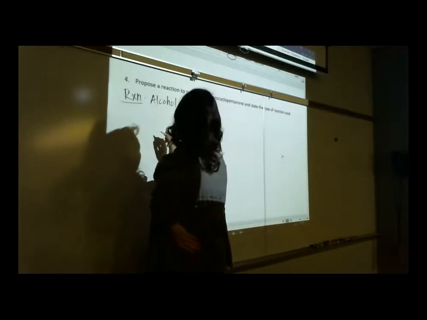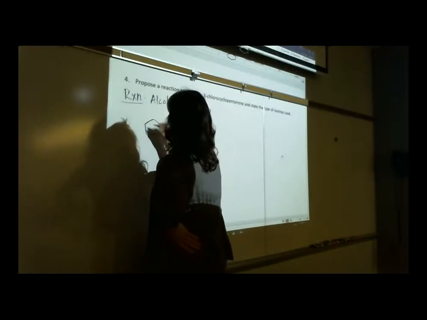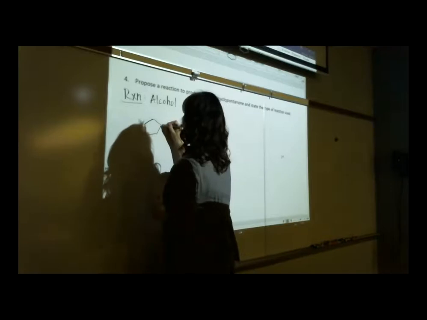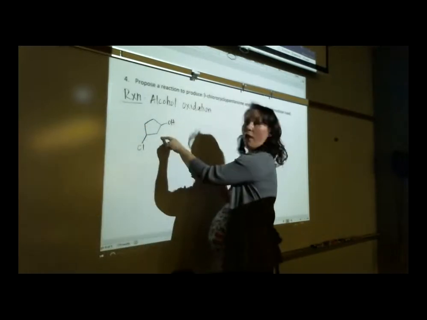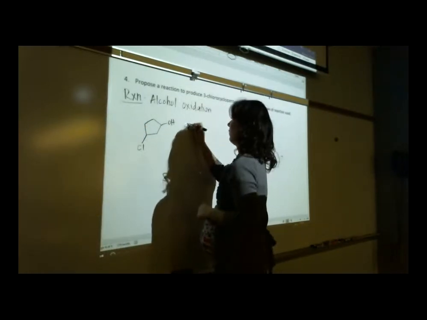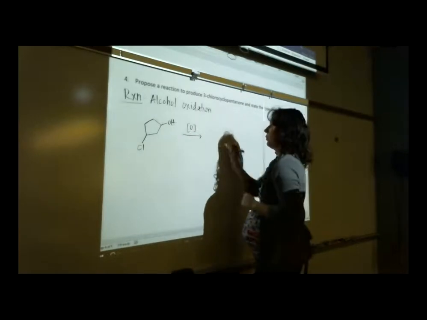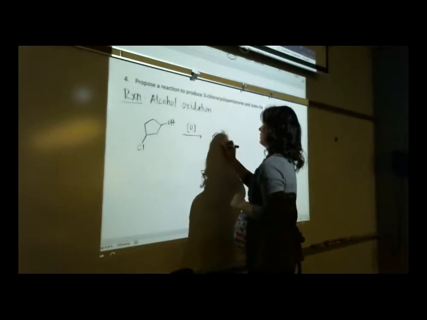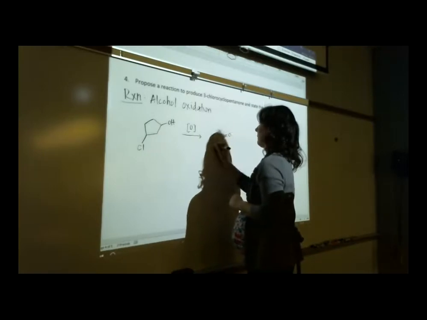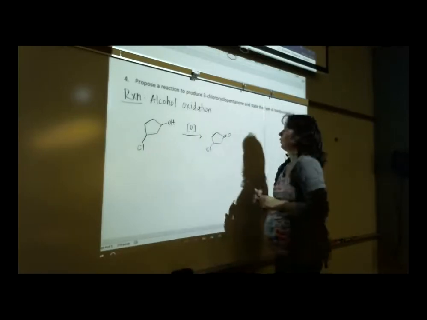So we want 3-chlorocyclopentanone. 1, 2, 3, 4, 5. So if we start with 3-chlorocyclopentanol, and we oxidize this, you can use whatever oxidizer of your choosing, you will get your ketone, 3-chlorocyclopentanone.